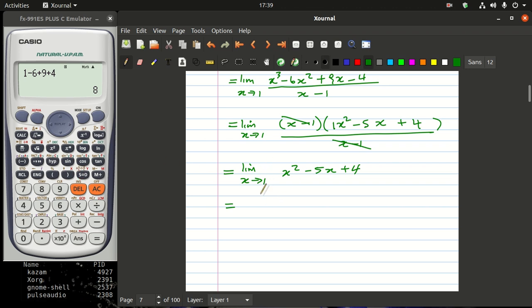So calculator-wise and computer-wise, I will end up having to just plug in that value if I want to calculate using a calculator. So I'll end up having 1 squared minus 5 times 1 plus 4. So this is going to be 1 minus 5 plus 4, which is 1 minus 5 is going to be minus 4, so it's just a 0.